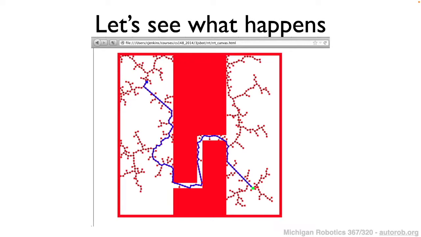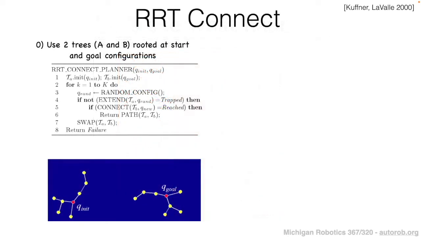So let's now look at the RRT Connect algorithm to understand how it's different from the RRT algorithm that we've been discussing. On this slide, we have the pseudocode for RRT Connect, and in addition, an illustration which we'll use to step through the key procedures.